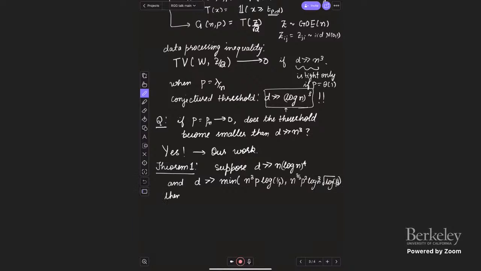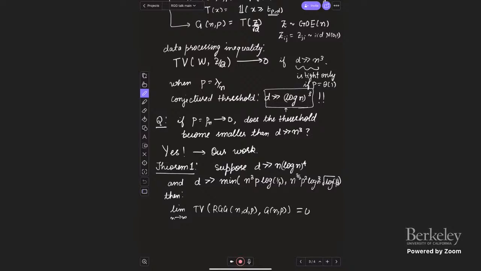Then we have that the limit as n tends to infinity of the total variation distance between RGG(n,d,p) and G(n,p) is equal to 0.